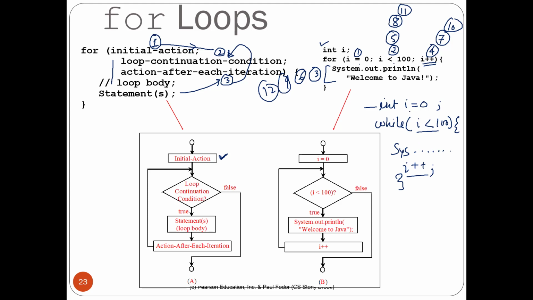Because in a while loop we have these three important loop controlling statements at three different places, this results in bugs a lot of times. So a while loop is more prone to bugs compared to a for loop. Why? Because in a for loop you write all these three things in one place: initialization, condition checking, and incrementation, which makes the for loop more compact, easy to use, and less prone to bugs.